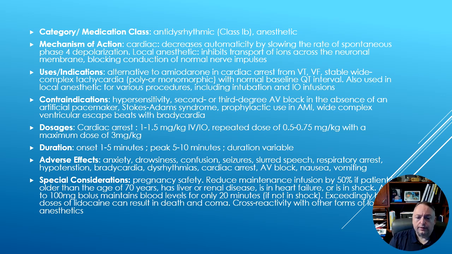We won't give more than that. Typically, it comes in a syringe with 100 milligrams in the syringe, and it can be given for VFib or pulseless VTAC, and it can also be given via a drip.